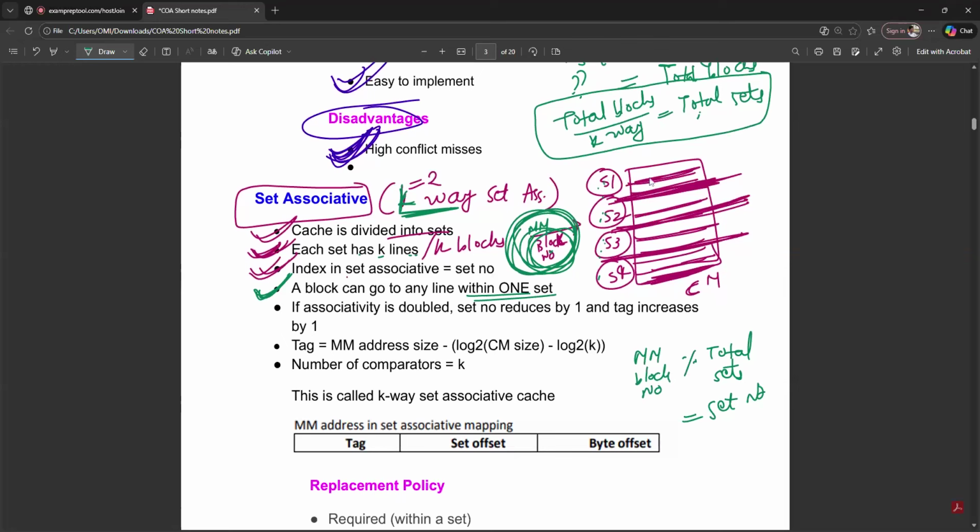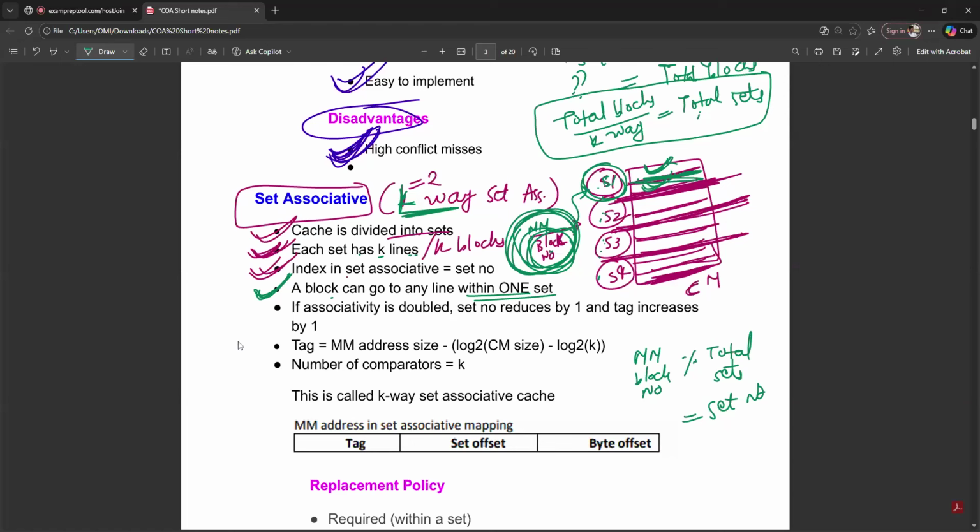And in this set also, it can go to any line, which means that a block can go to any line within one set. So if block has gone to set S1, in S1 also it can go to either here or here, because the mapping represents the set, not the particular block in the set.